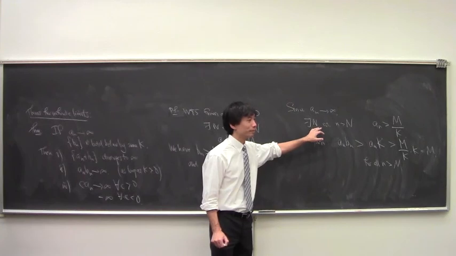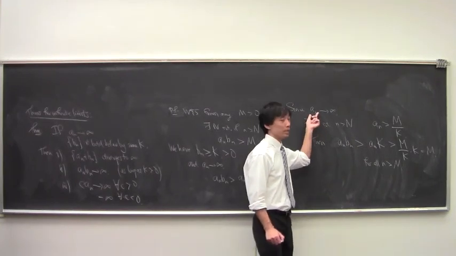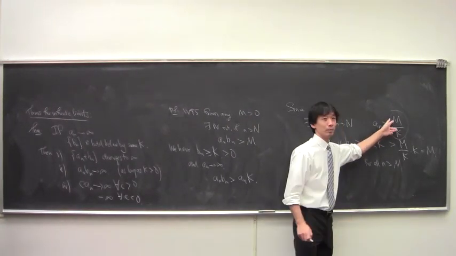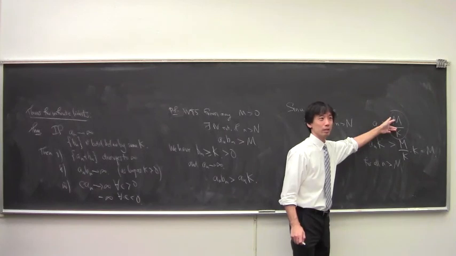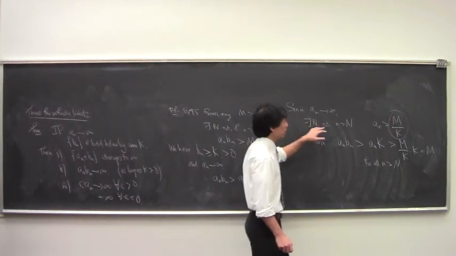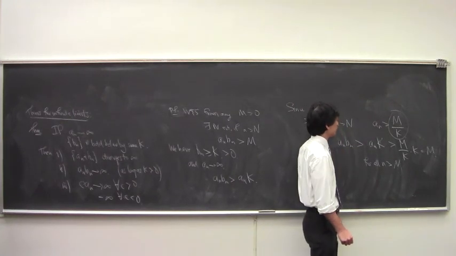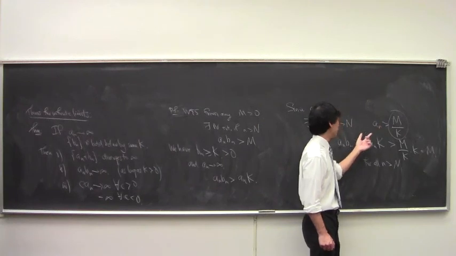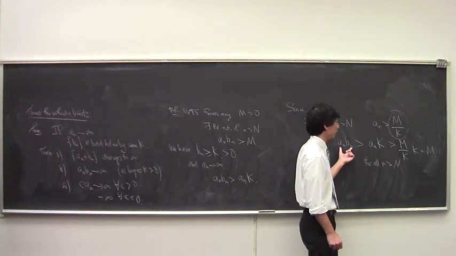So you use the N from your a_n sequence corresponding to the m over k bar. You're trying to get everybody over the m bar. You use the time corresponding to the m over k bar for a_n, and then for the product, everybody's over the m bar.